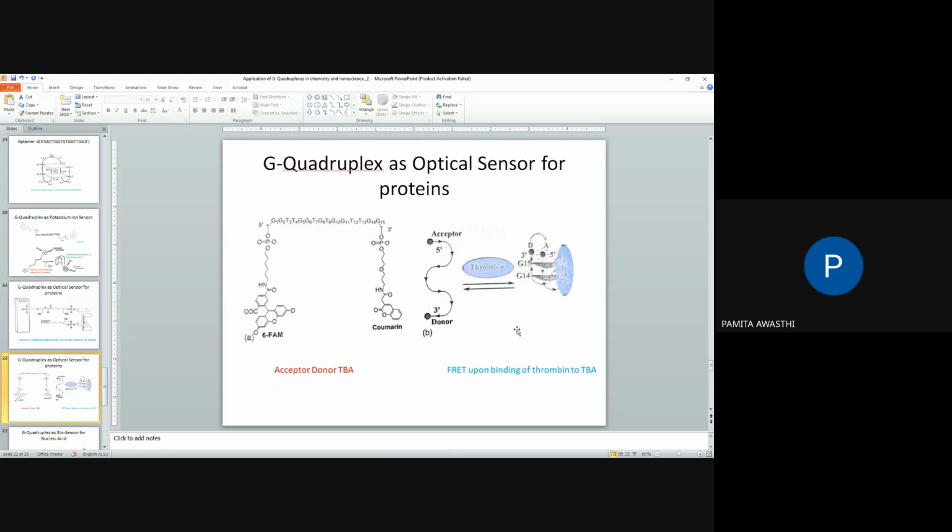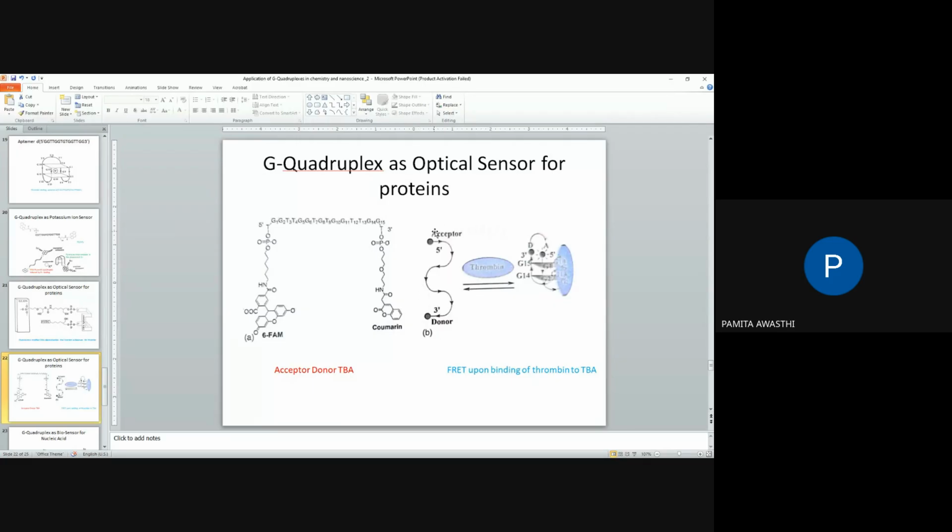So how has this probe been designed? If you label this aptamer at the 5 prime end with 6 FAM, and at the 3 prime end you attach coumarin, this one acts as an acceptor and this one acts as a donor.